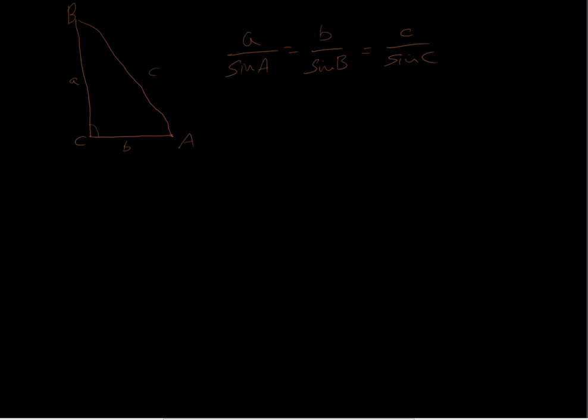So if we were to solve a triangle using the sine law, this is how it would be done. Let's just draw a triangle here. Not 90 degrees, of course. Sine law is used for angles that are not 90 degrees. So C, A, and B, small c, small a, and small b.